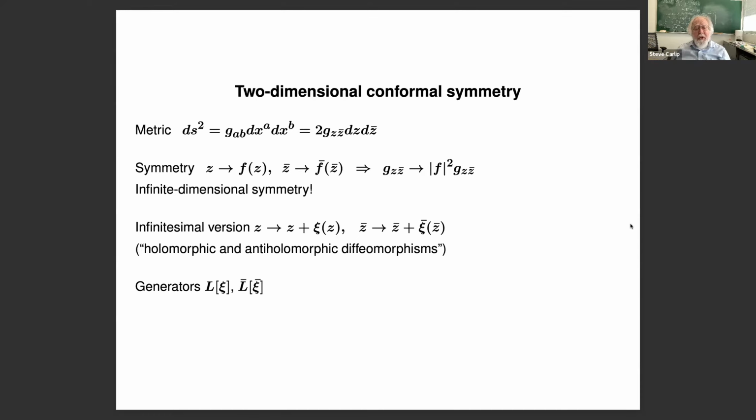So in 2 dimensions, the metric can be written in terms of a complex coordinate z, and you can choose coordinates so that the line element is just g_{z z̄} dz dz̄. In that form, there is an obvious diffeomorphism symmetry, which is simply sending z to a function of z and z̄ to a function of z̄.